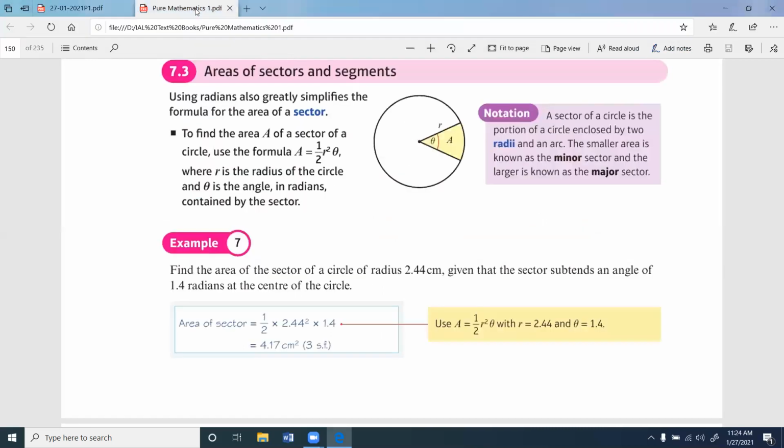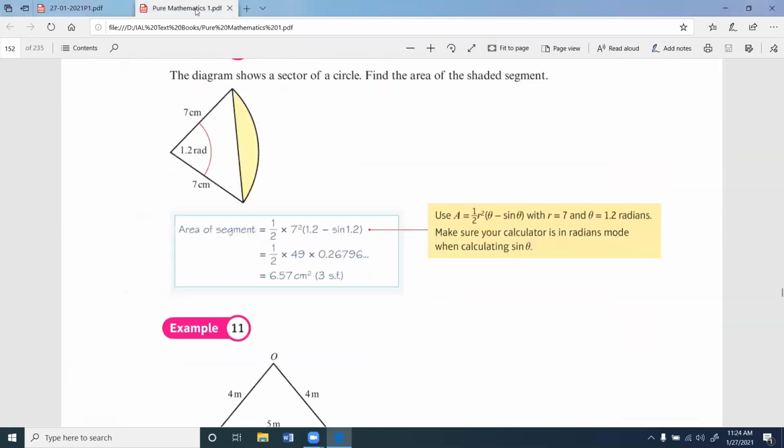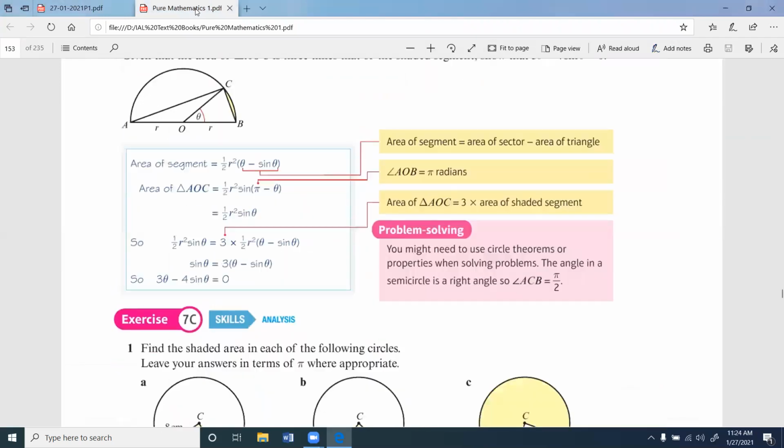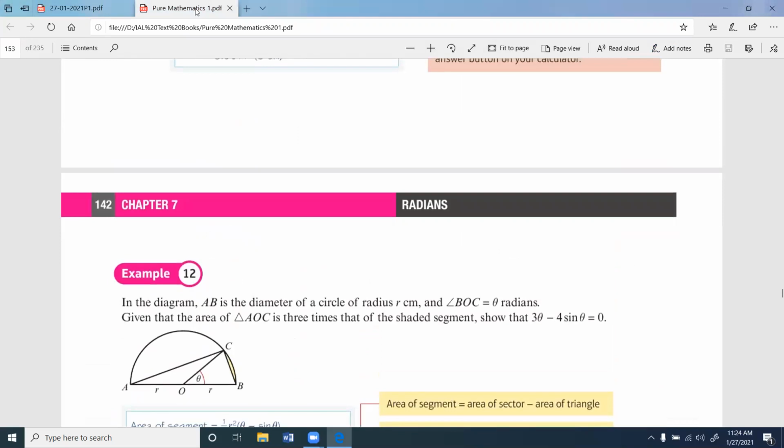Yes. Let's go to a couple of questions over here. They're the same thing we are discussing about. This kind of a question. In this diagram, AB is a diameter of a circle with radius r and angle BOC is theta degrees.